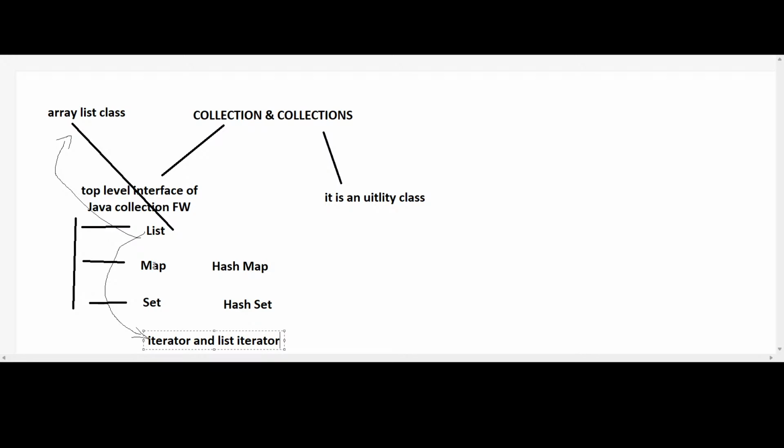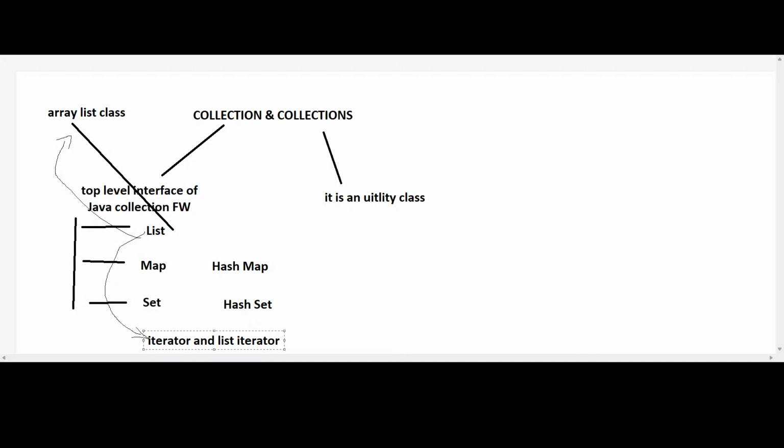At the same time, we have two more interfaces, the first one is Iterator and the next one is ListIterator. These are the main interfaces and classes we have inside our Collections concept.